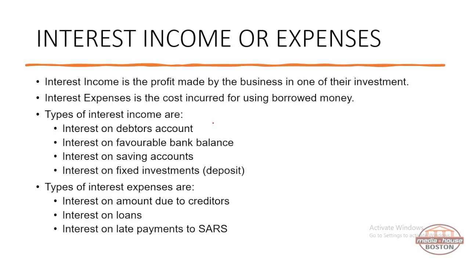Types of interest expense include interest on amounts due to creditors, interest on loans, interest on bank overdraft, and interest on late payment to SARS. For example, if we are supposed to file our tax return and don't file on time, or we owe SARS 20,000 and pay late, SARS charges interest. Those fall within the interest expenses.